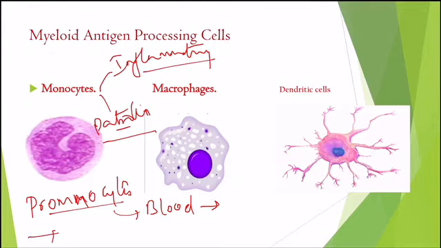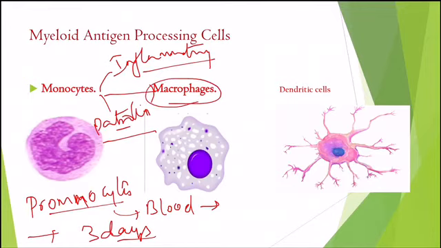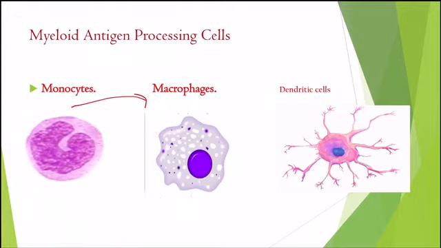Monocytes in circulation have a half-life of 3 days. They migrate into tissues in response to infection and differentiate into macrophages, which survive for many months. Differentiation of a monocyte into a tissue macrophage involves a number of changes.